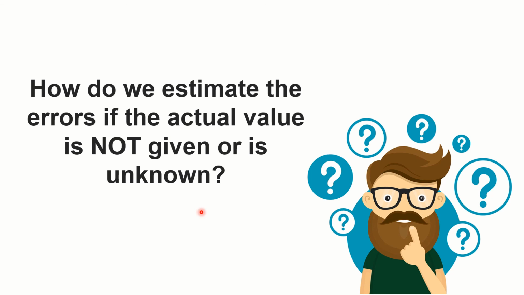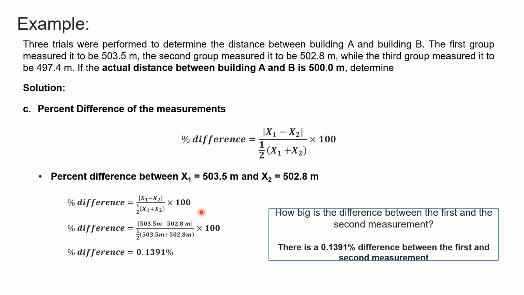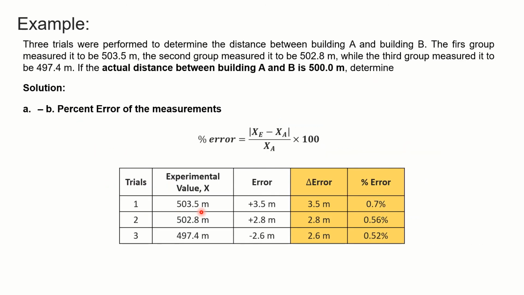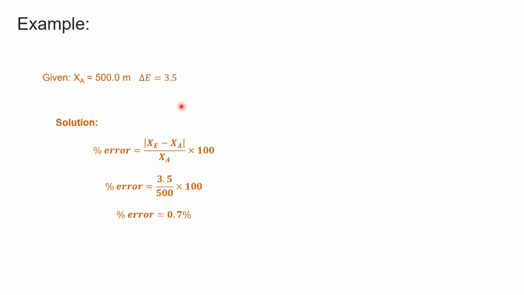So, in our next video, we will learn how to estimate the errors if the actual value is not given or is unknown. Because here, in our example, for the percent error, for the absolute error, and for the percent difference, the actual value or true value is known.